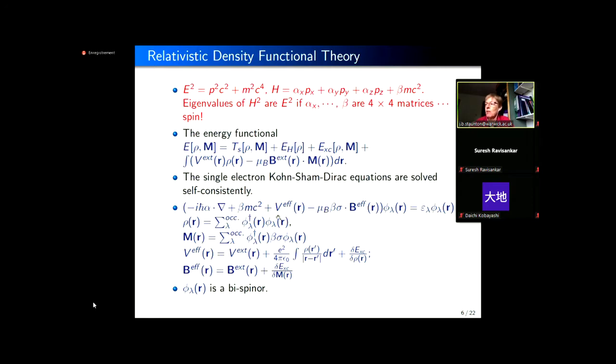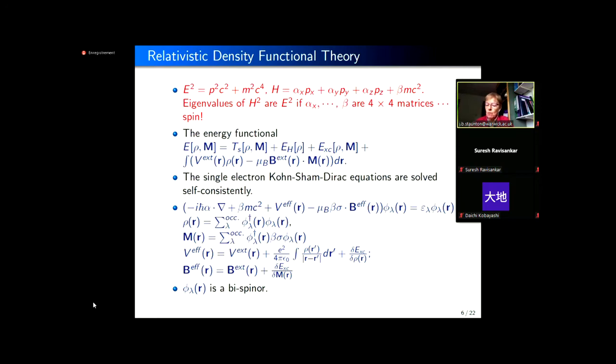As ever, one guesses a form for these potentials and effective fields, solves this single particle equation, then constructs the charge density and the magnetization from these states, where we're looking at these 4x4 matrices, and then proceeds to consistency.